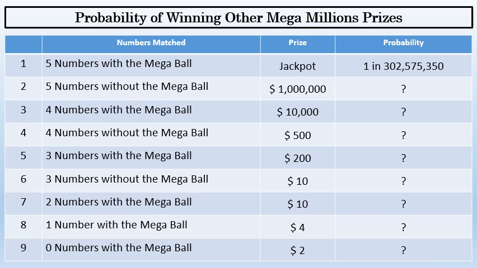The smallest prize, awarded for matching only the mega ball, is $2. For the remainder of this video, I will describe the process to find the probability of winning each of the smaller prizes. Each of these problems involves using the combination formula that we already discussed in some way. Let's begin.